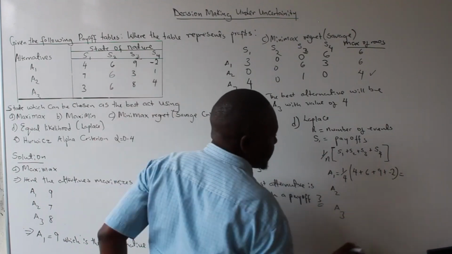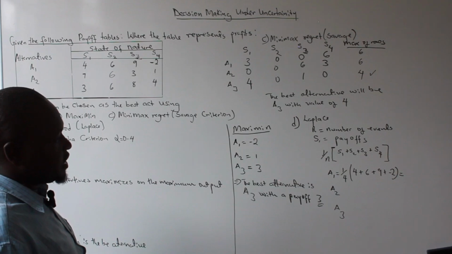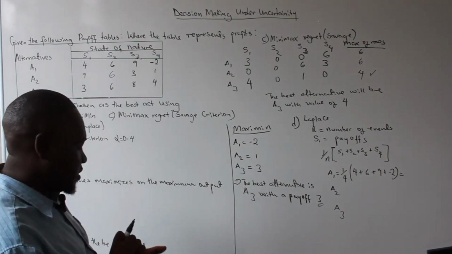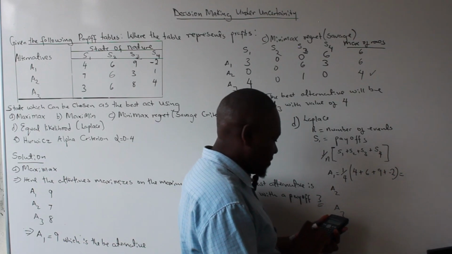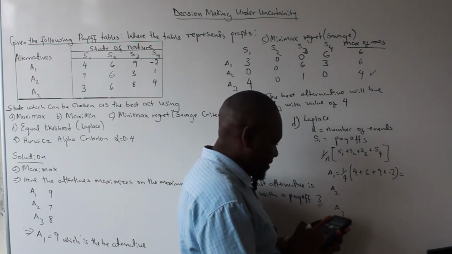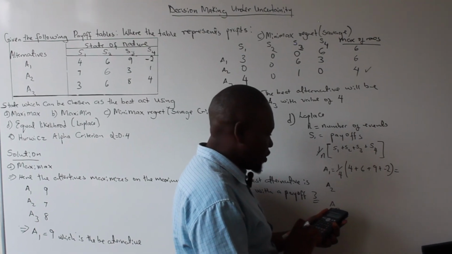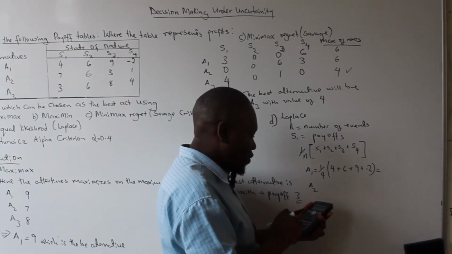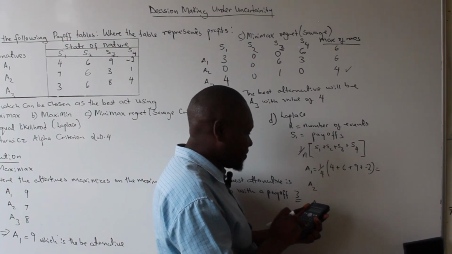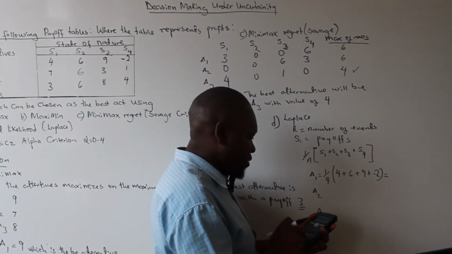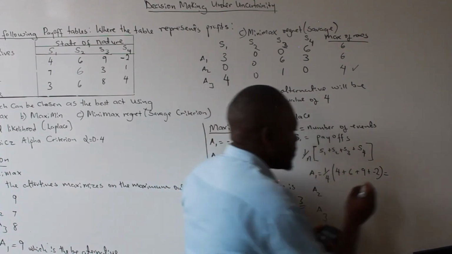What will you get? Let's take my calculator, even though it's a very simple thing, to be sure of what you're doing. 4 plus 6 plus 9 plus negative 2, you get 17.